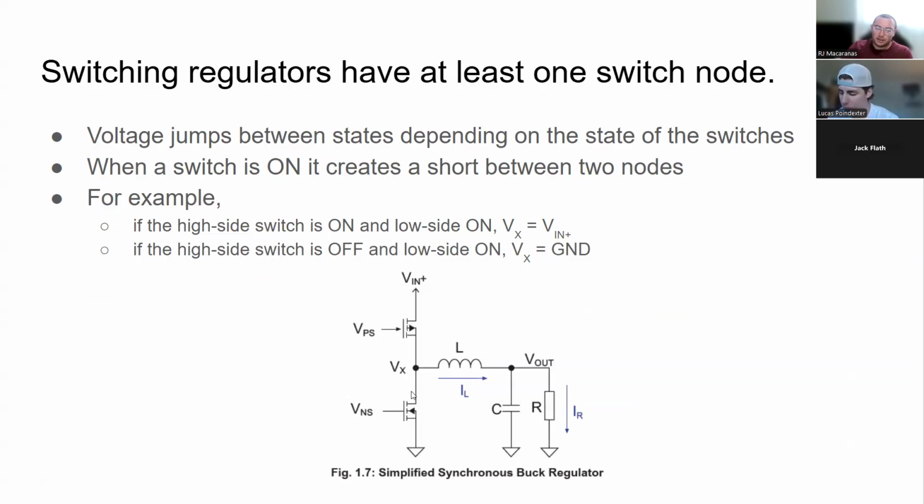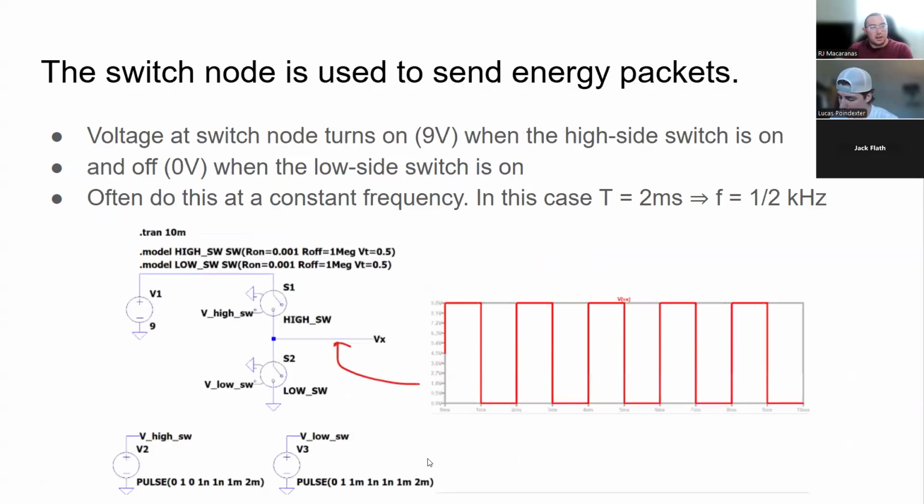The idea is I'm taking this node and attaching it to Vin or ground, depending on the state of these two switches here. So we're sending these discrete energy packets. In this case, it's a square wave voltage.